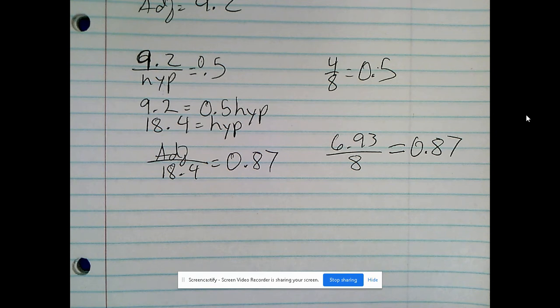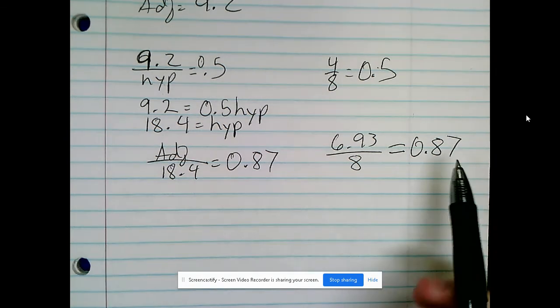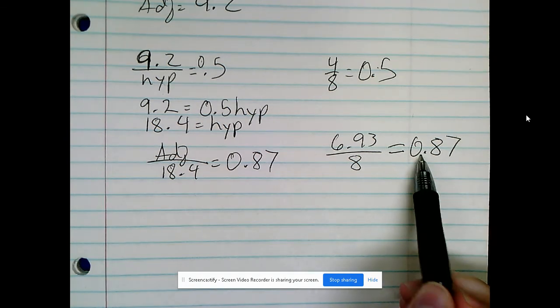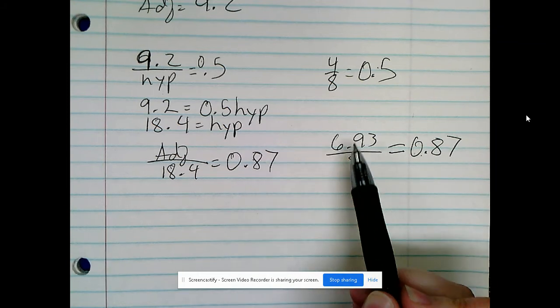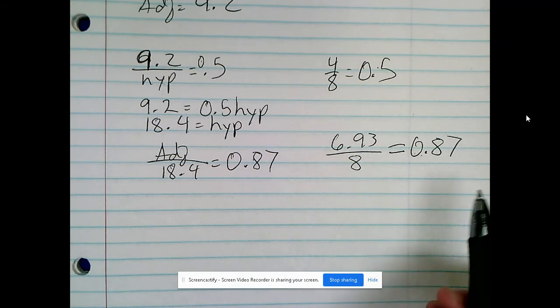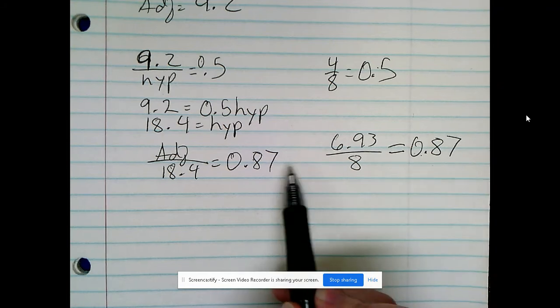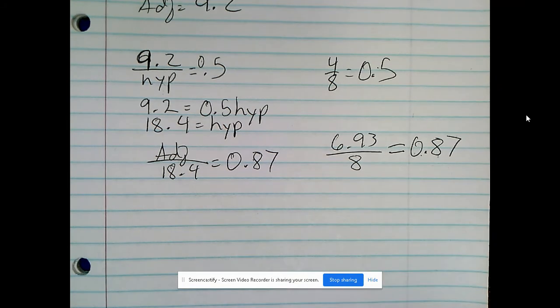So again, we're using our knowledge from the last lesson and the numbers we already figured out, because we know that if they're similar, when we divide the adjacent by hypotenuse or opposite by hypotenuse, they're going to equal the same number.